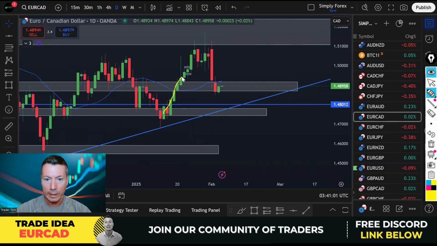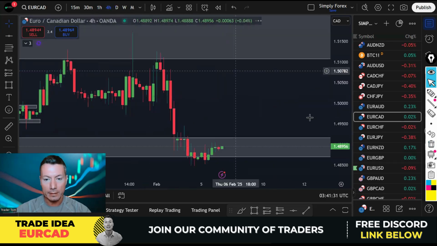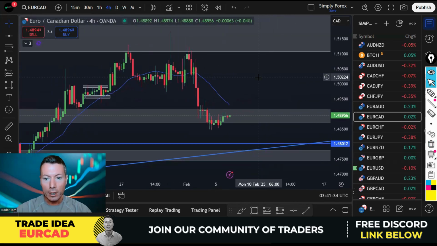But also, we had a structure break up here. It stopped making higher highs at a weekly level. No surprises there. And if it stops making higher highs, that's always a bit of a red flag that the trend could be slowing at the very least, if not changing. And then sure enough, it changes. We're starting to get lower lows. We're in a downtrend. And like I say, we've just got a little bit more room down to this level here. So looking for sales, if we drop down to the H4 to look for an entry, I'm only interested in price reacting in here somewhere.